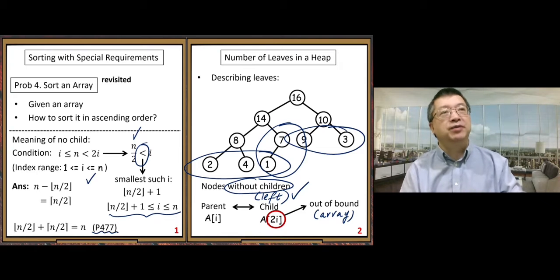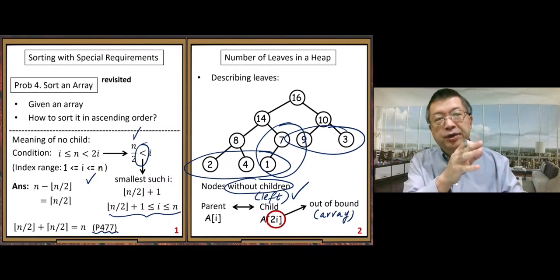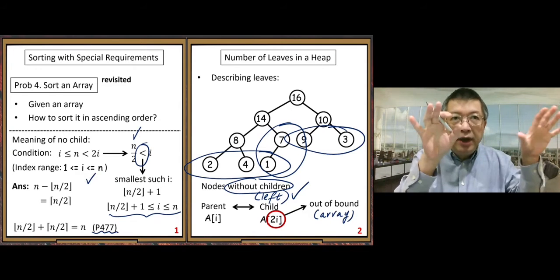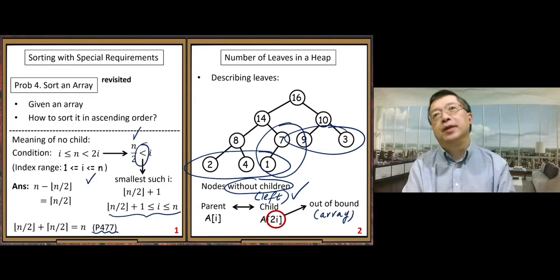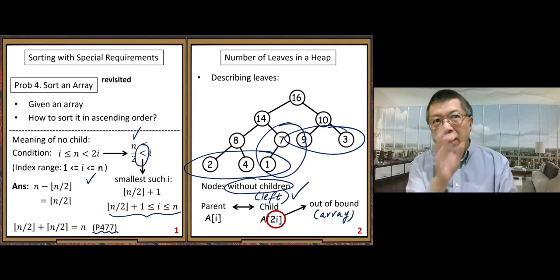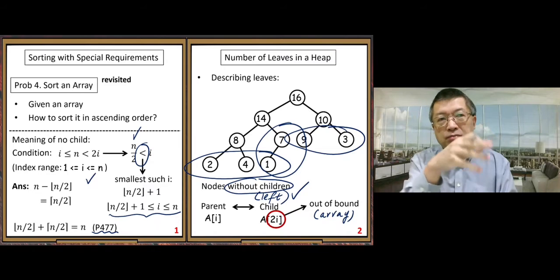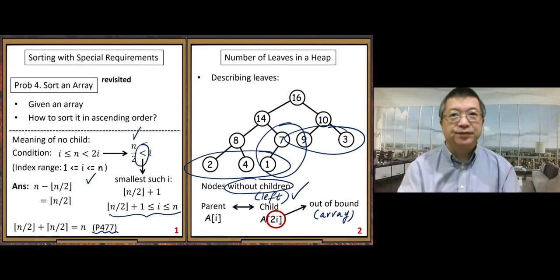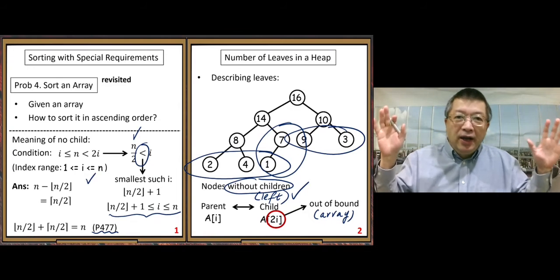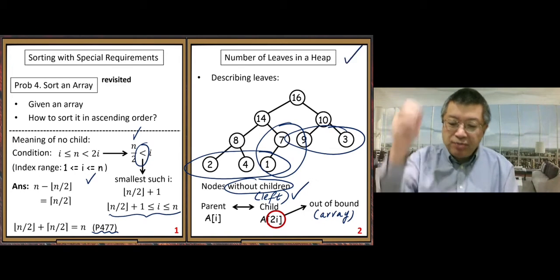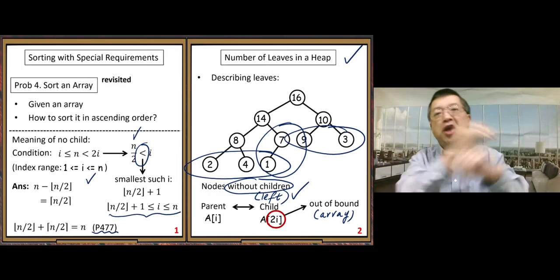We have this formula: floor function of n over 2 plus the ceiling function of n over 2 equals n. So that's why we use n minus one of the two terms equals the other term. All right. Okay. Here we complete this part, number of leaves in a heap.